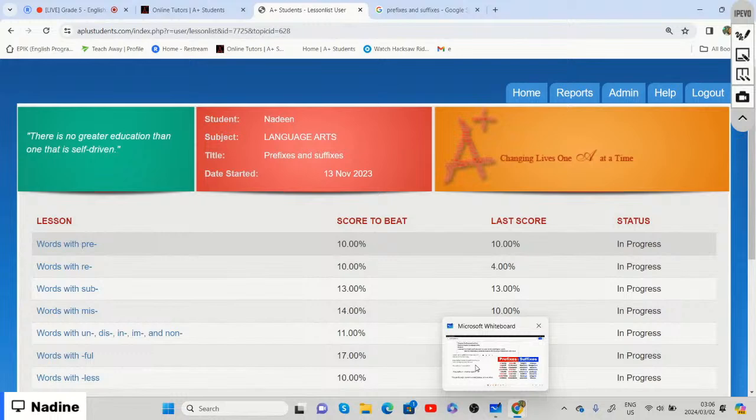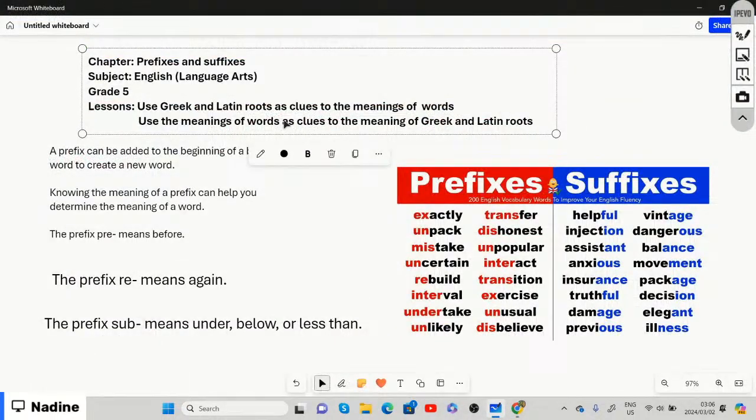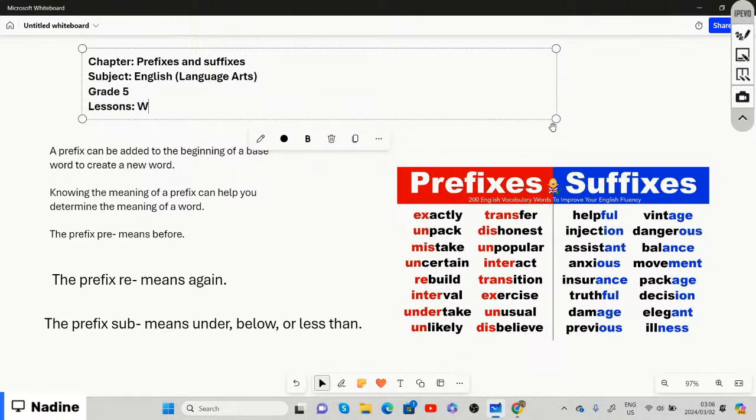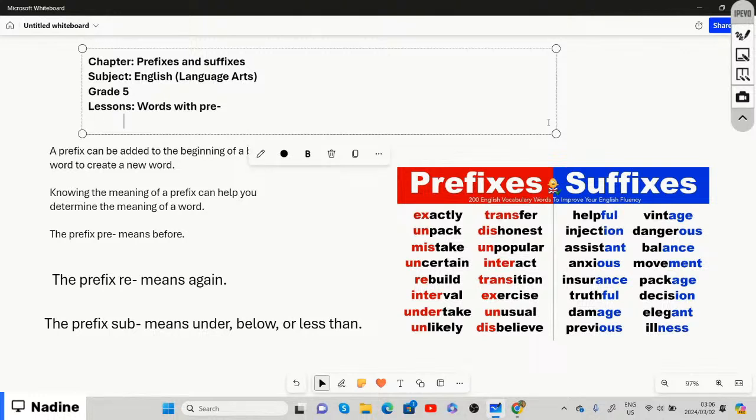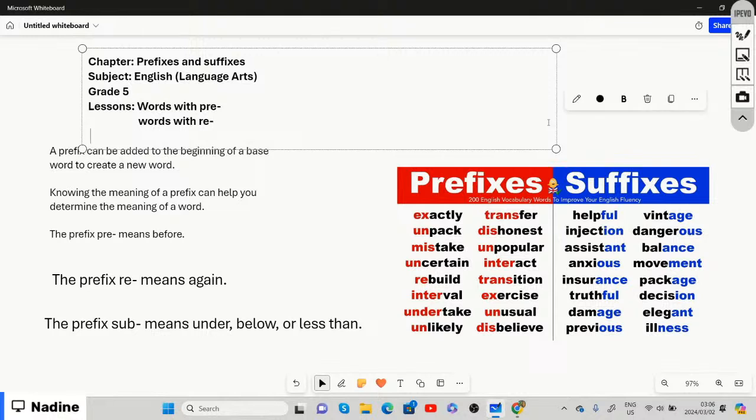We are going to use words with pre, words with re, and words with sub. So it's going to be words with pre, then words with re, and words with sub. That is going to be our focus lessons for today.